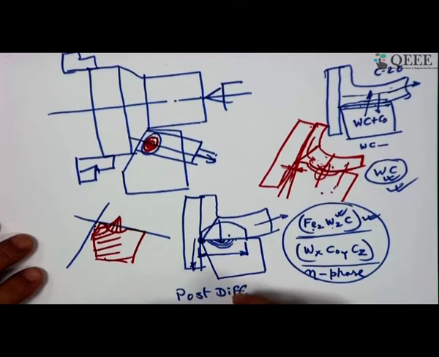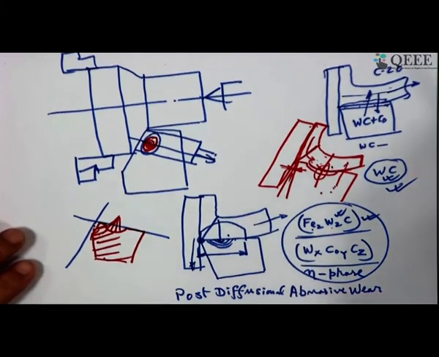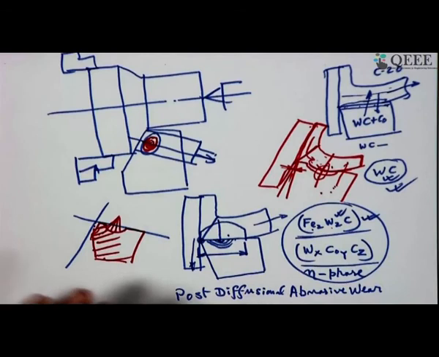That means it is after diffusional. So, from this post diffusional abrasive wear, we have a migration of the material, dissolution, or it can be chemical reaction in some other cases.